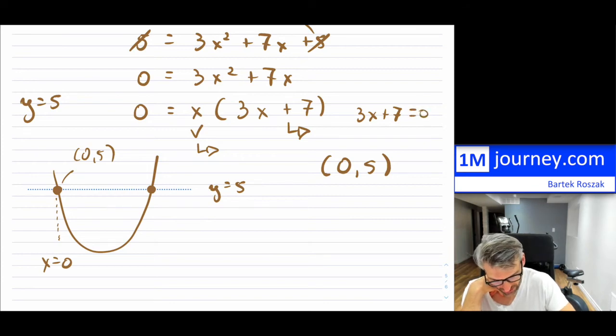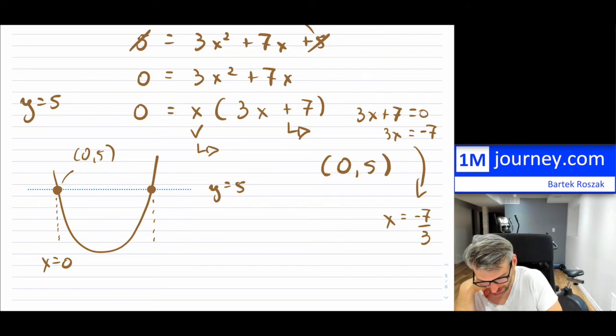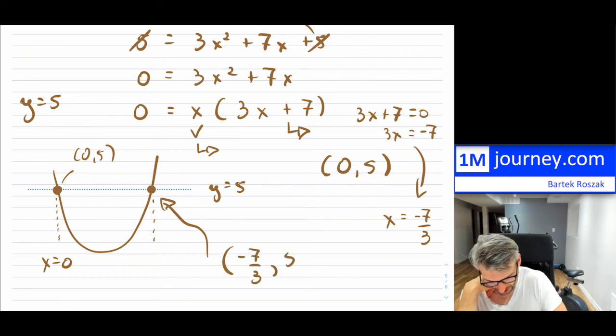So I'm going to shift the 7 over, so it's going to be negative 7. Then dividing by 3, I'll get x is equal to negative 7 over 3. So that's this point right there, which is (negative 7 over 3, 5).